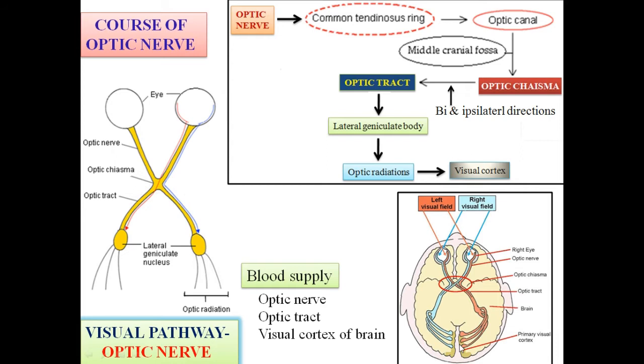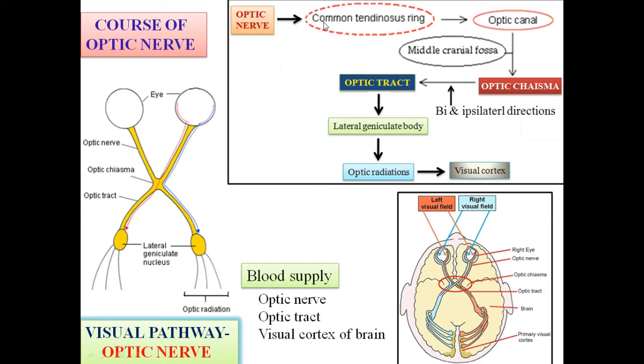Let us see the schematic diagram of the course and relations of the optic nerve. The optic nerve is the second cranial nerve, which receives sensory fibers and is purely sensory in nature.